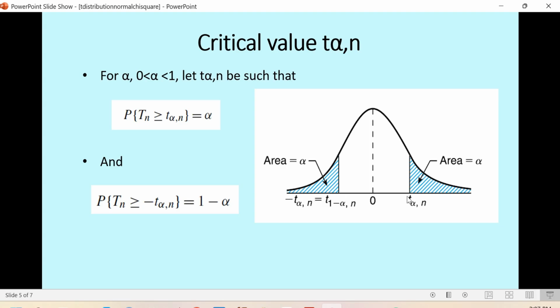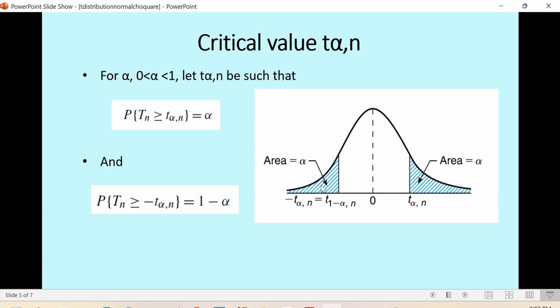Because the distribution is symmetrical, this dashed blue area is the same as this area. And we can also write the probability of the t random variable being larger than minus t alpha n as 1 minus alpha.